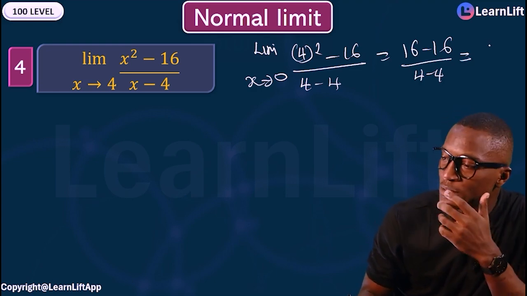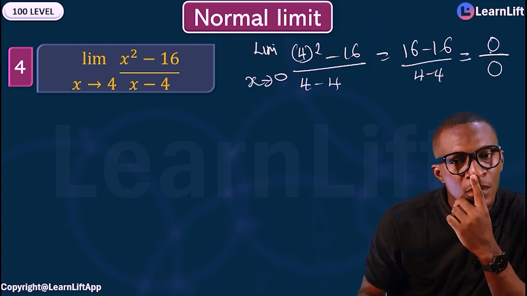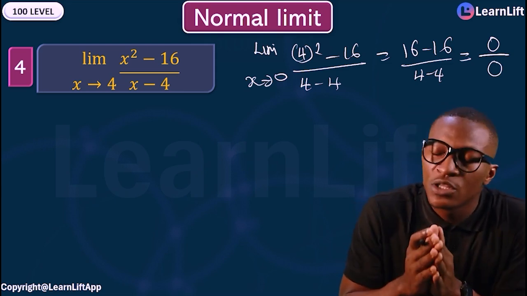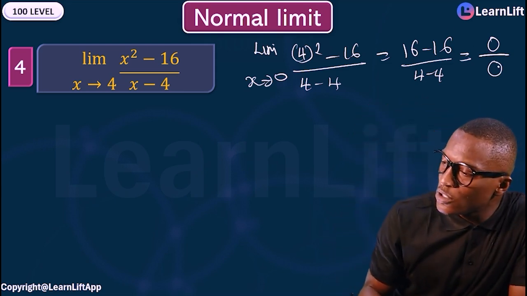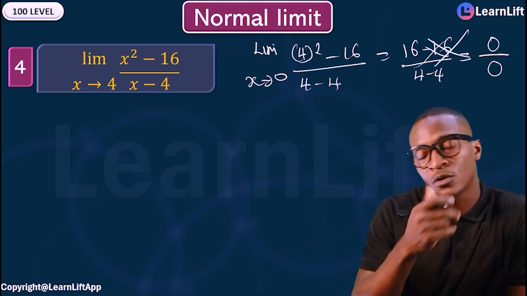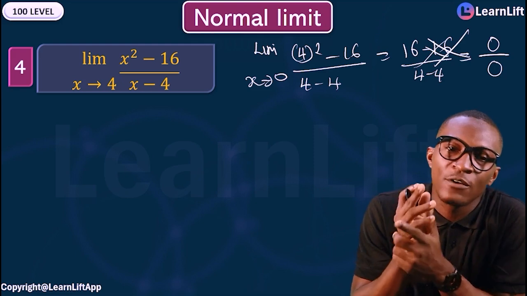I don't have a problem with that. If I have 0 at the numerator, there's no problem. But having 0 at the denominator is bad. Because of this 0 in the denominator, this is wrong. What do I do? We'll now find other ways to avoid that 0.